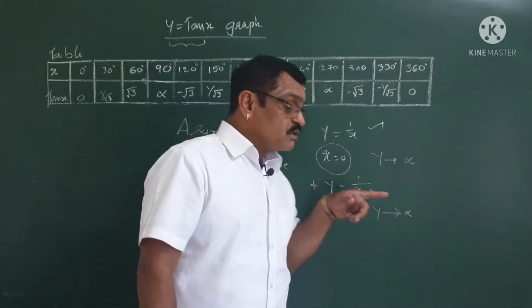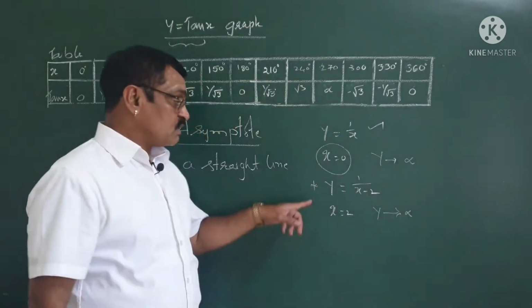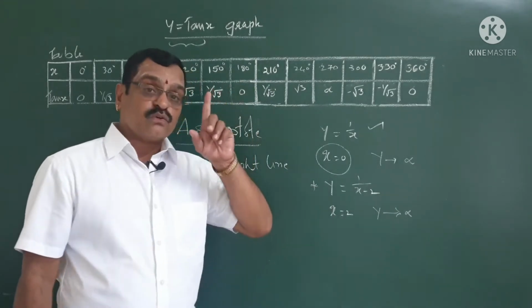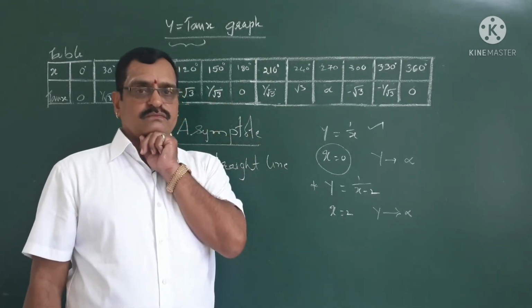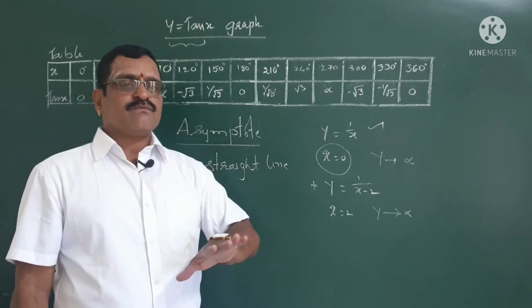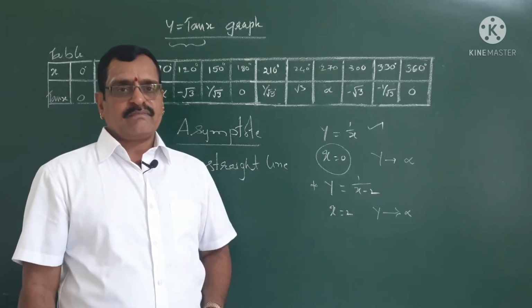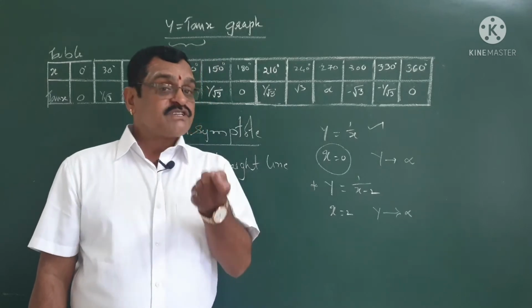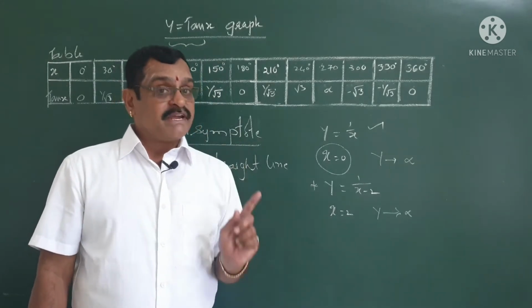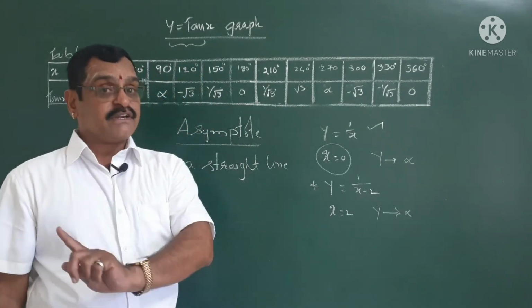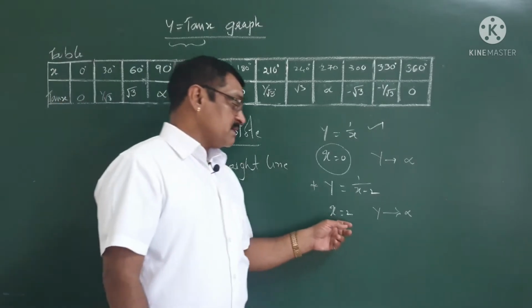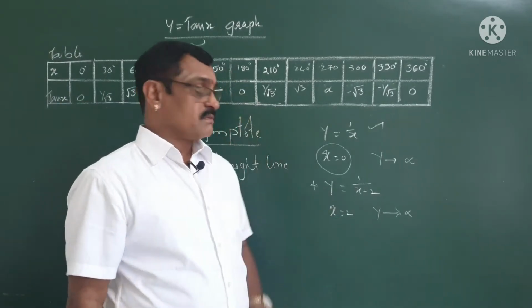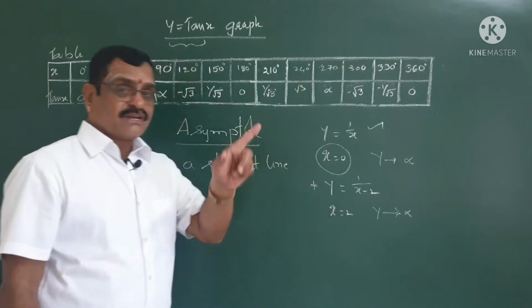Therefore, x is equal to 2 is an asymptote of the curve y is equal to 1 by x minus 2. So clear. So an asymptote is a straight line. How do you generate the equation of the straight line? For which value of x my y is approaching infinity, that is called the equation of the asymptote. Okay, then what is its character?